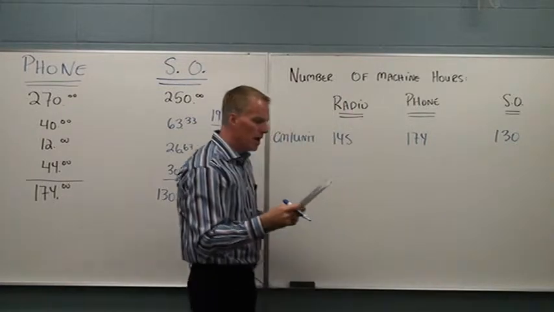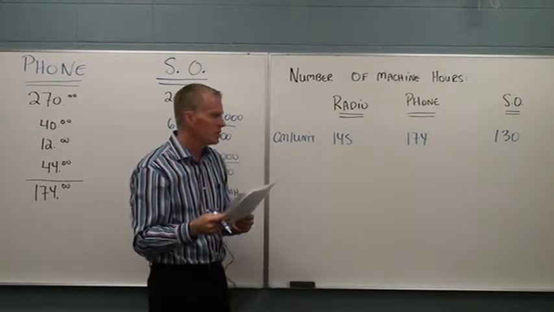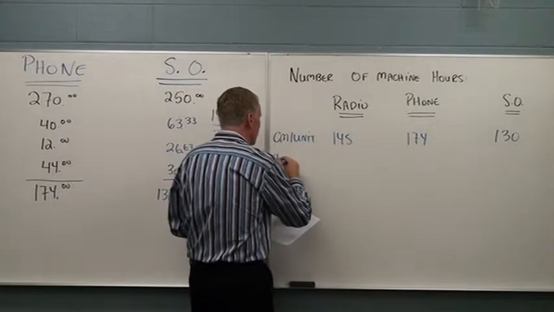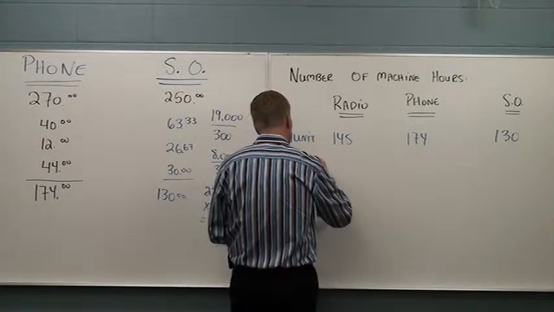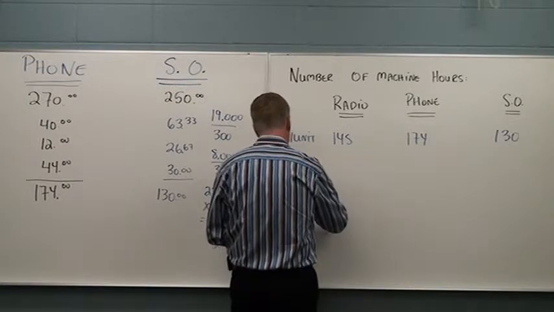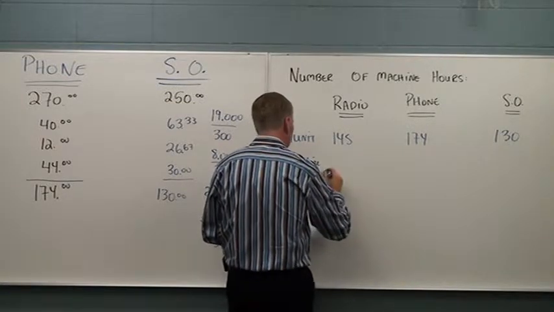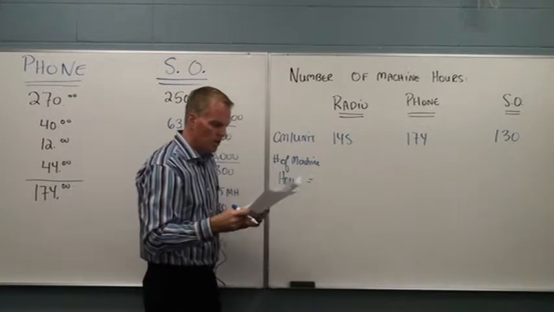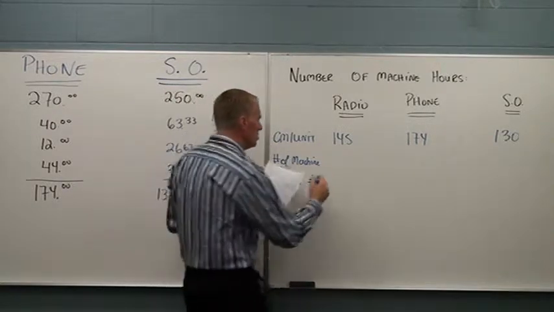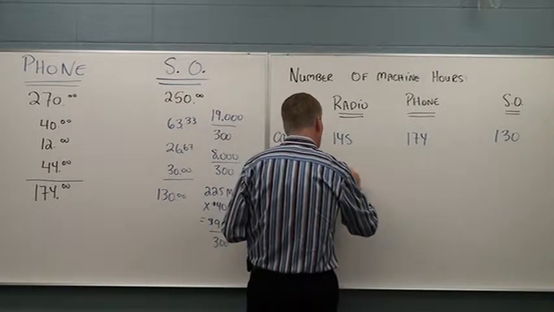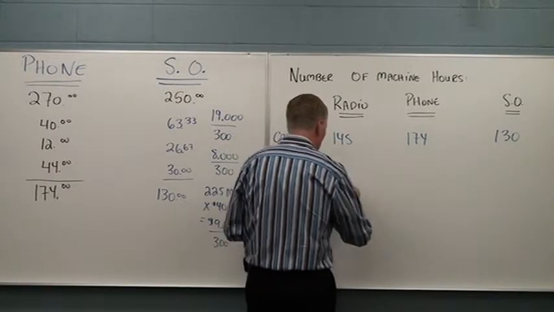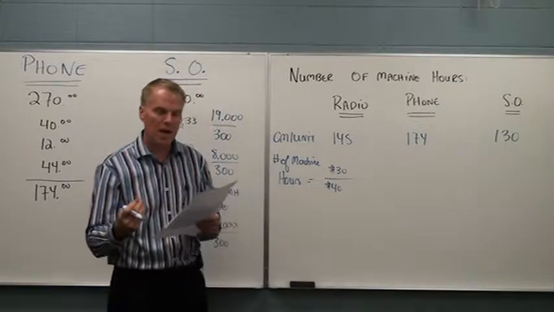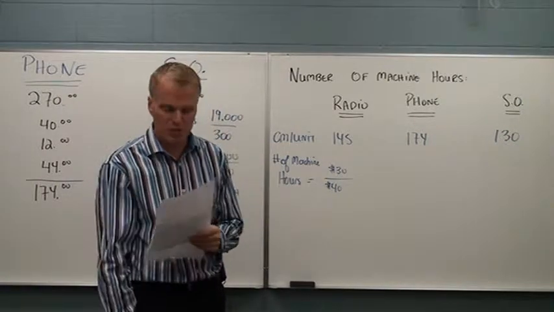Now, the number of machine hours that we need for each of these will be calculated as follows. The number of machine hours will equal $30, which is the indirect cost, divided by $40, which is our indirect manufacturing cost applied per machine hour.